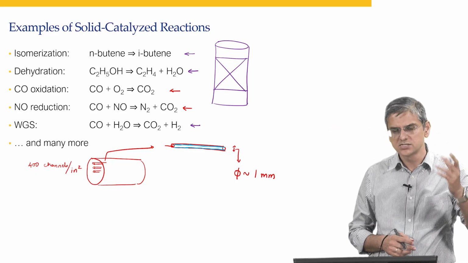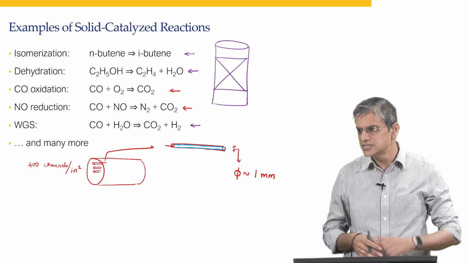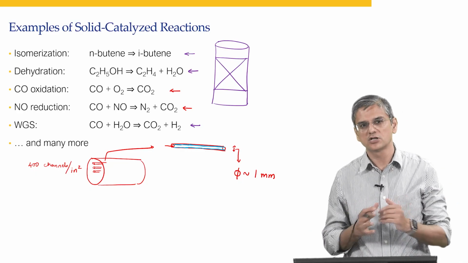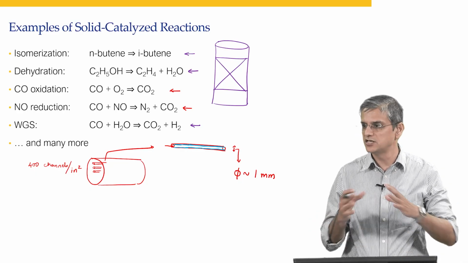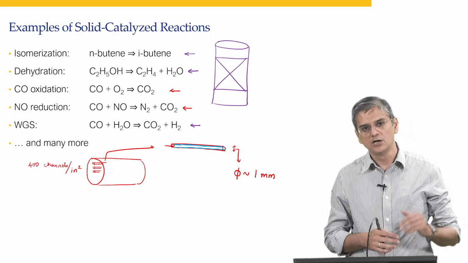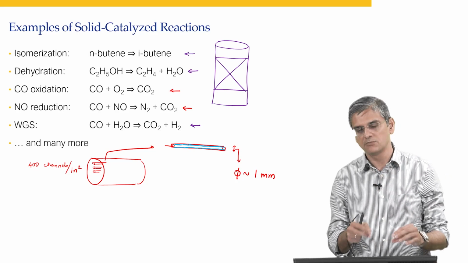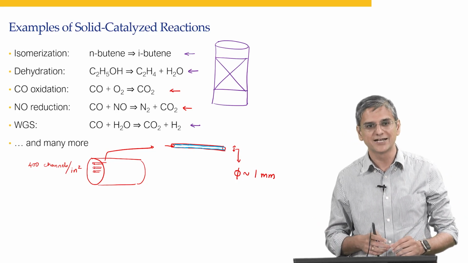So, small size pellets, okay, and the entire reactor will be packed with those pellets, including some things to ensure that there is no flow channeling, flow is well distributed and all that, including structural things to ensure that under the weight of the catalyst, the lower pellets of the catalyst don't get crushed.